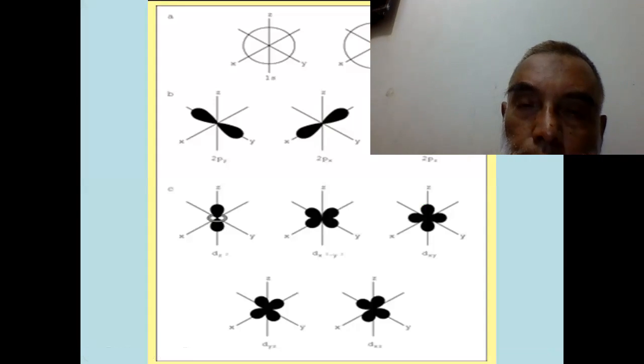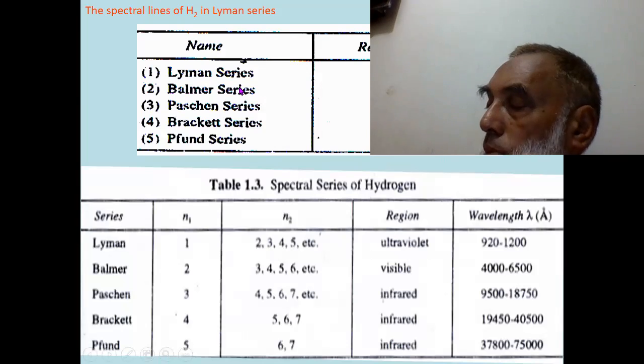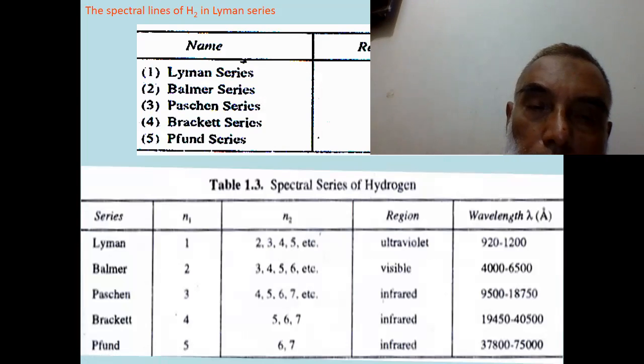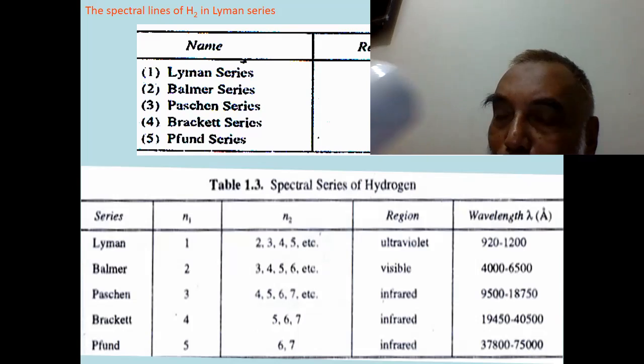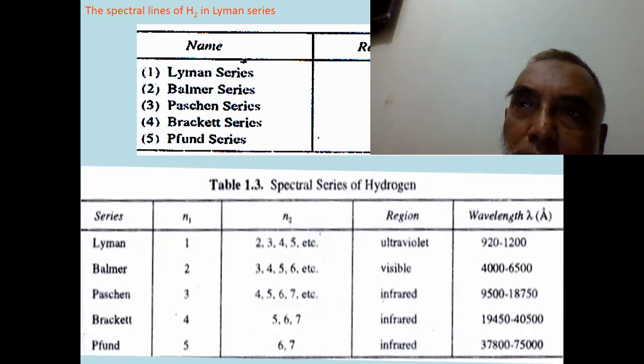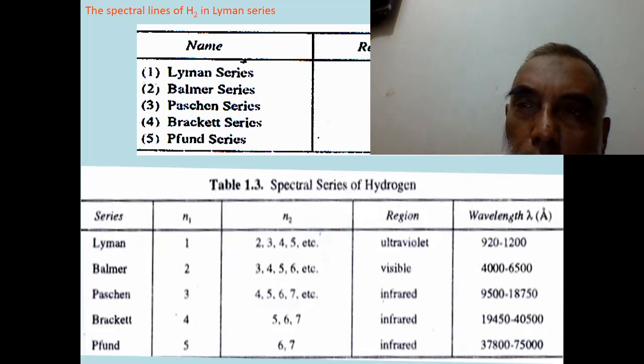So these are the shapes of the orbitals, and we have mentioned the different spectra that are observed: Lyman series, Balmer series, Paschen series, Brackett series, Pfund series, and some are observed in ultraviolet region, some are observed in infrared region, and some are observed in visible region.